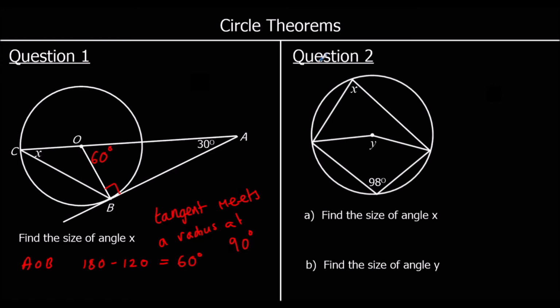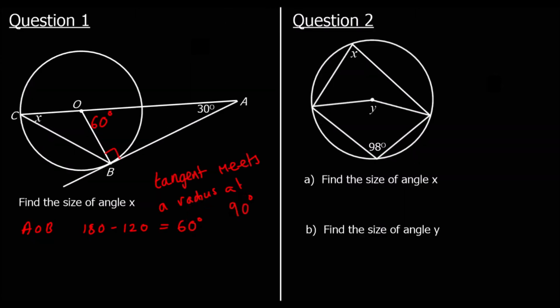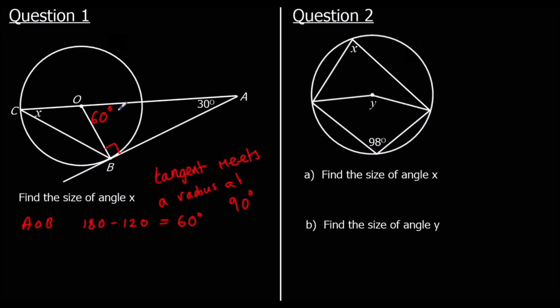Now there's 2 ways of working this out. So we could do angles in a straight line, and then angles at the base of an isosceles triangle. Or we can say the angle at the center is twice the angle at the circumference. So x is going to be half of 60, which is 30 degrees.